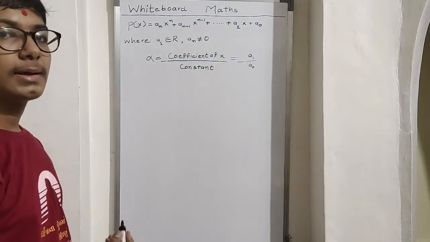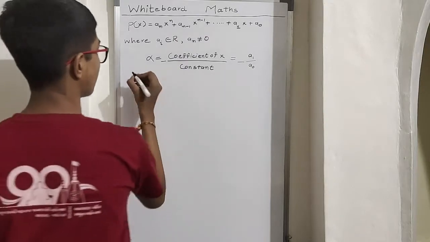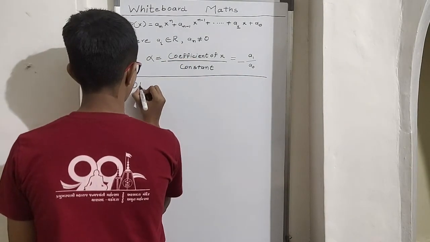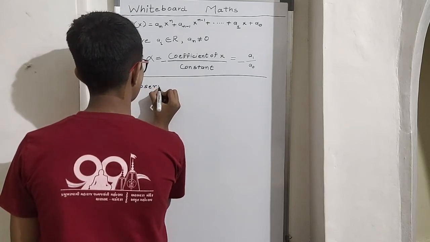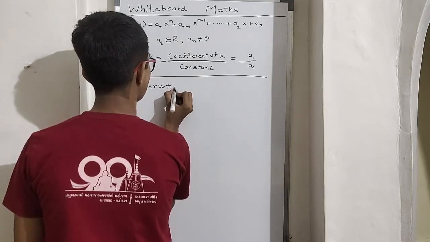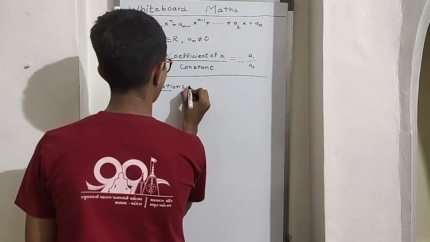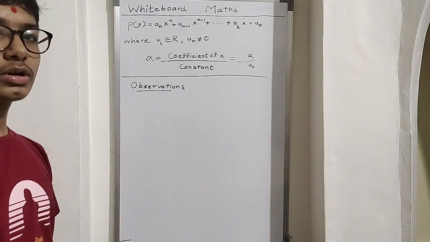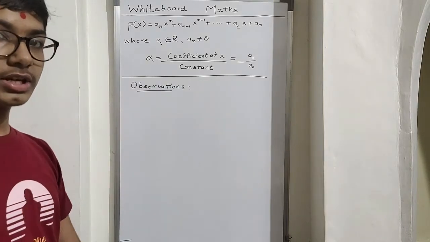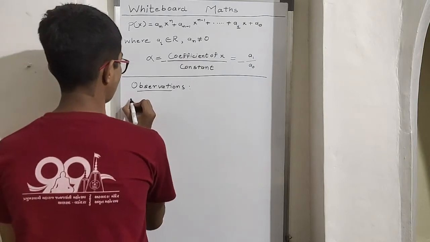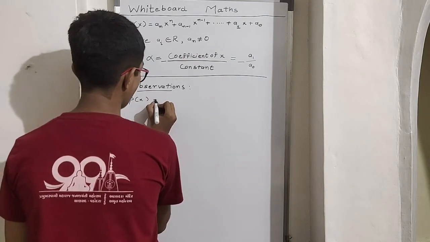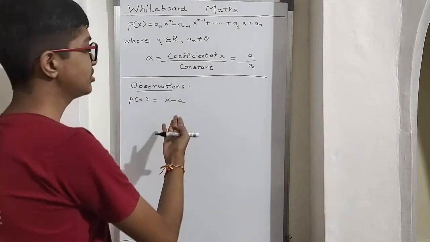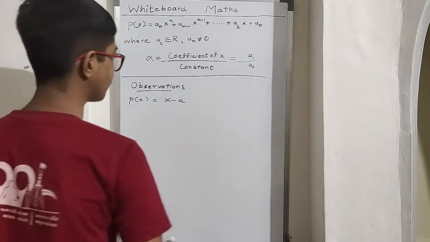Now we will make some observations. First of all, we will take a look at a general first degree polynomial. Here a is just a constant.